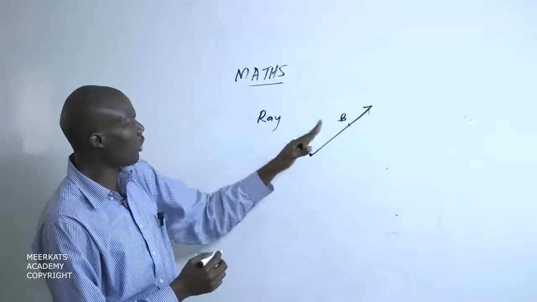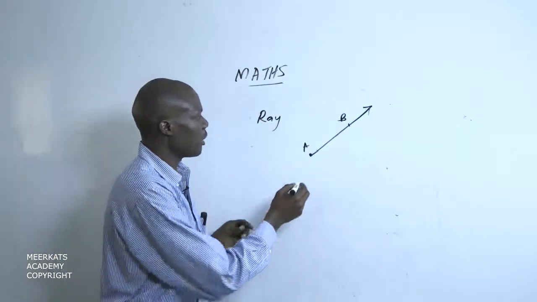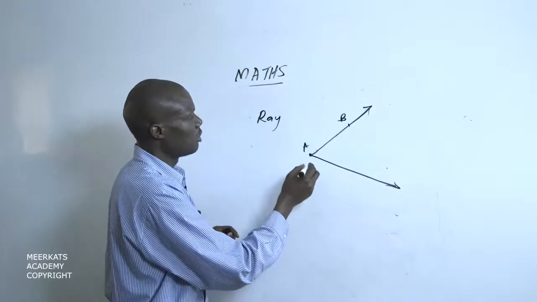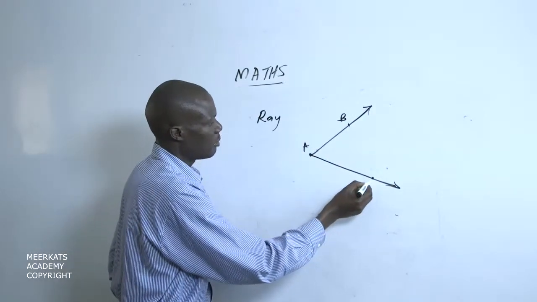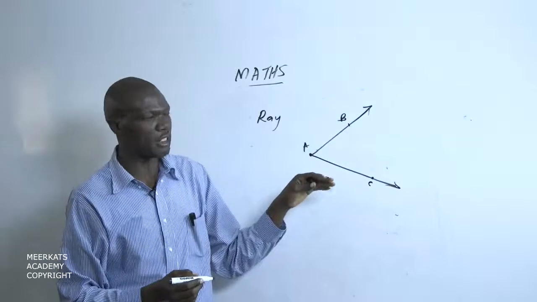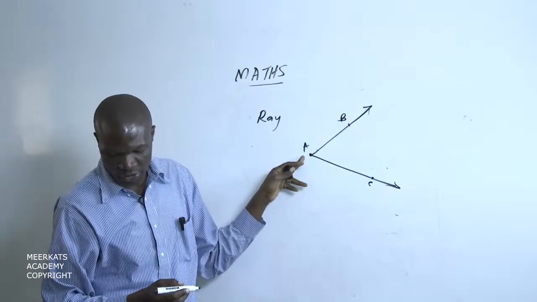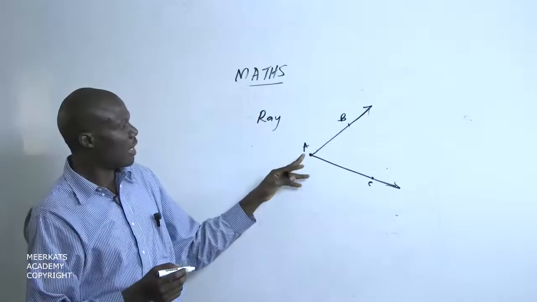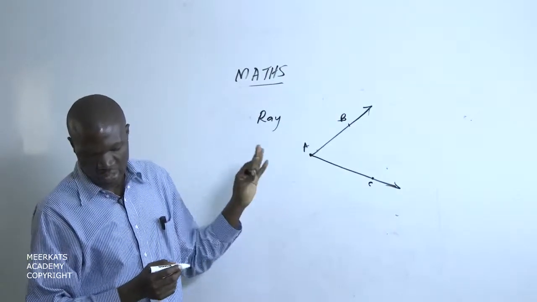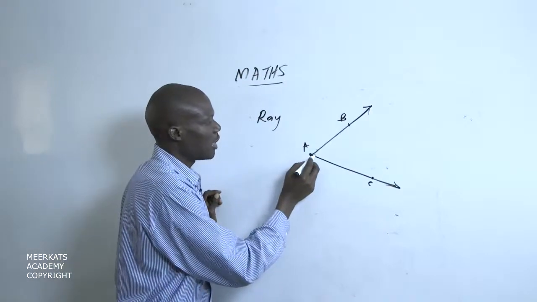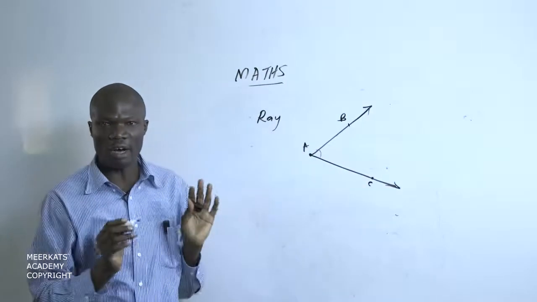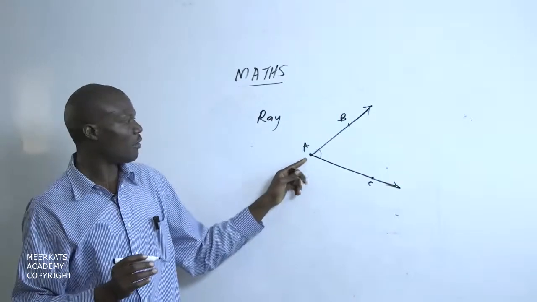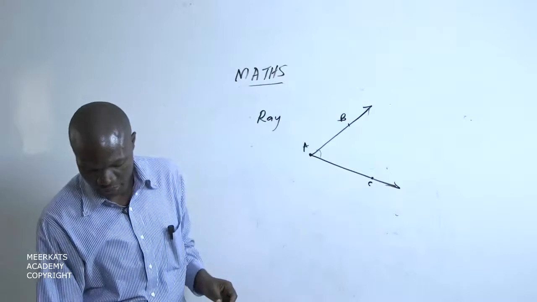When we have two rays meeting at a point, so let me bring another one here, so that now we have two of them. I call this point C. Now these are two rays. They are intersecting at a point. So when two rays or two lines meet at an angle, then the point of intersection forms an angle.